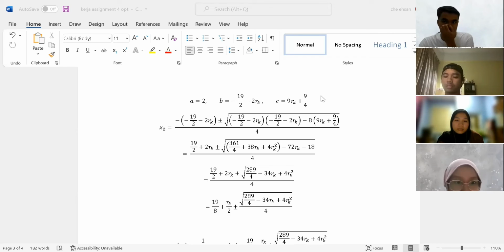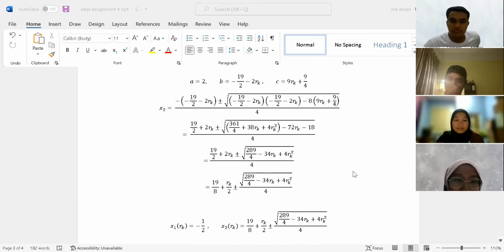So we will substitute these values into the quadratic formula, which is negative B plus or minus the square root of B square minus 4AC, over 2A. We will obtain x2 from that formula. If we substitute, we get 19 over 8 plus rk over 2 plus or minus the square root of 289 over 4 minus 4 rk plus 4 rk square over 4.